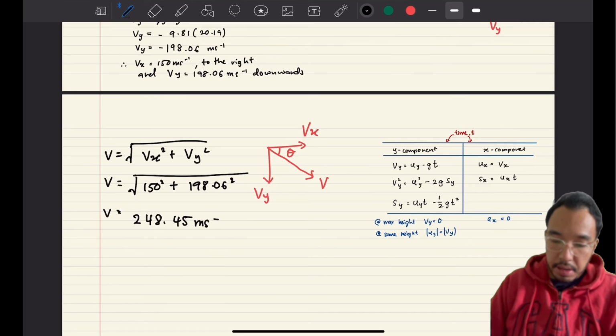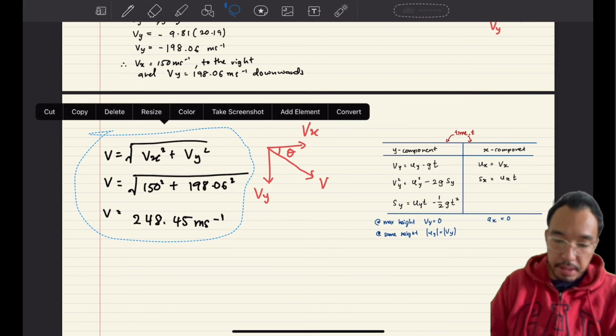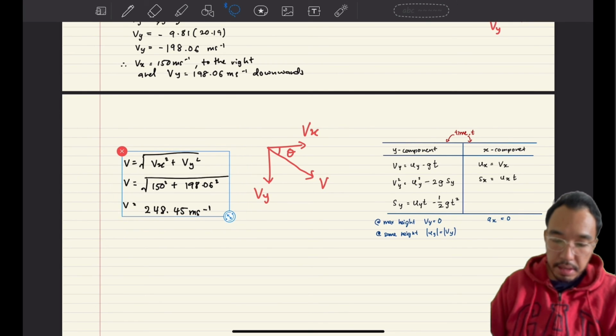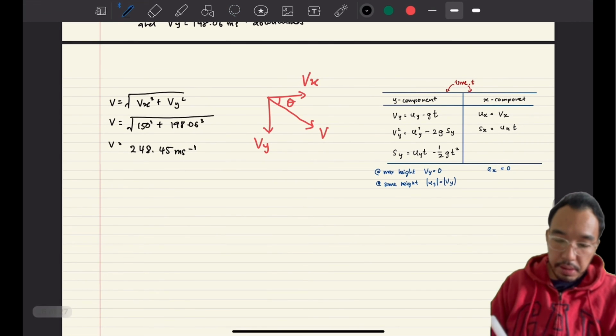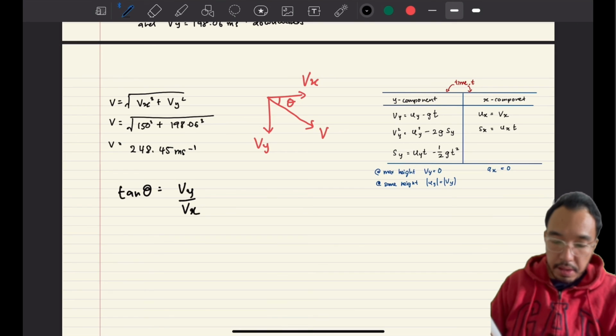You really need to find the direction. You know, for the direction, you can use tangent theta equals y component over x component, which is vy over vx. So this is based on your diagram over here. So vy is equal to 198.06.